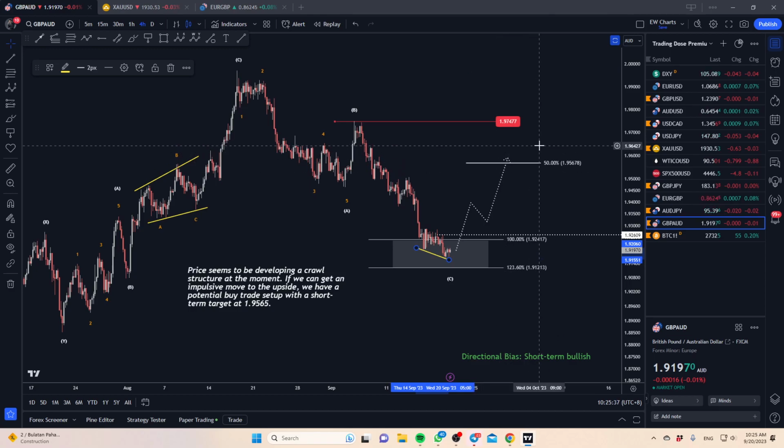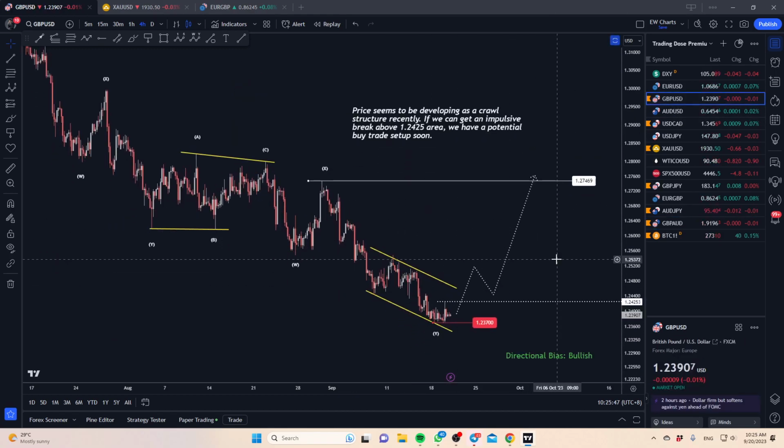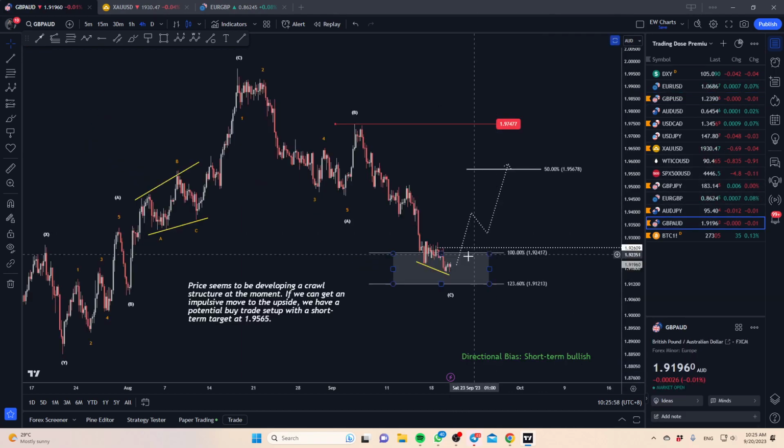Now, if you were to just filter and choose one to focus, my take here seems to be pound Aussie is actually a little bit clearer as compared to pound dollar, right? The pound dollar complexity is because the dollar index seems to be suggesting one more upside, and therefore the dollar may be a little bit more supported. Whereas for pound Aussie here, if you're buying the pound Aussie to the upside, it suggests that Aussie will be weakening.